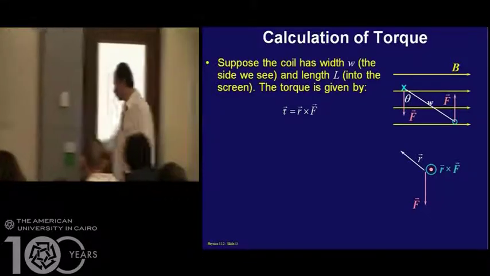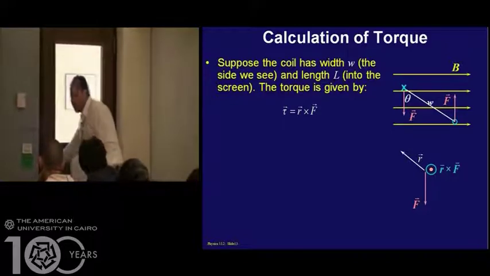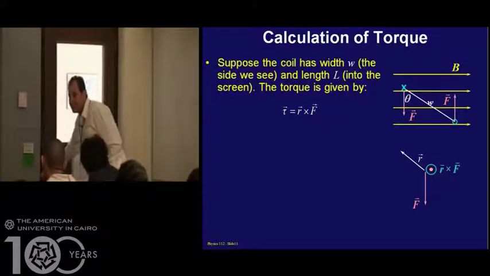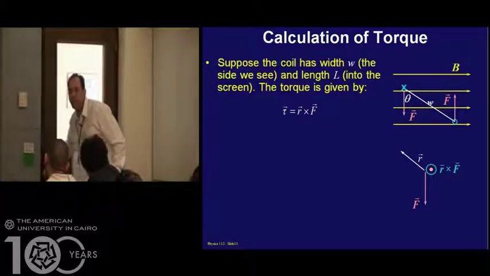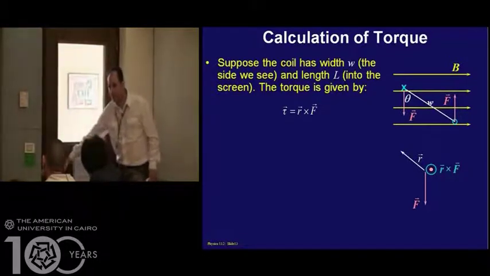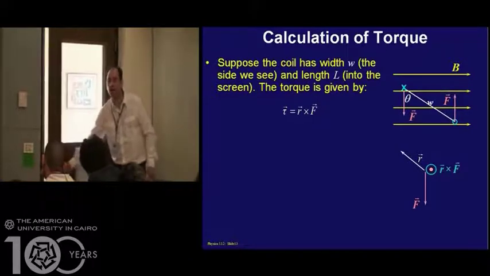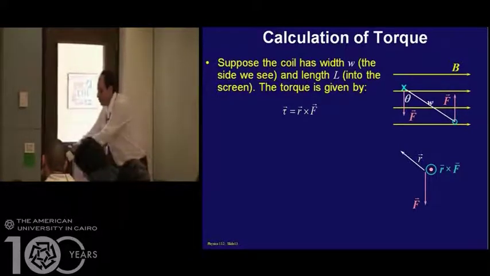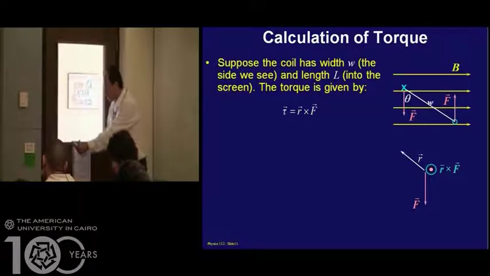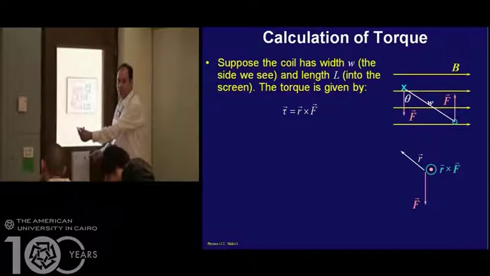So torque equals R cross F. The cross product tells you that R has to be perpendicular to F. So if I do this, not all the force that I put in to open the door is actually used. Only that component of it is used, but that component is wasted. And you can try this.